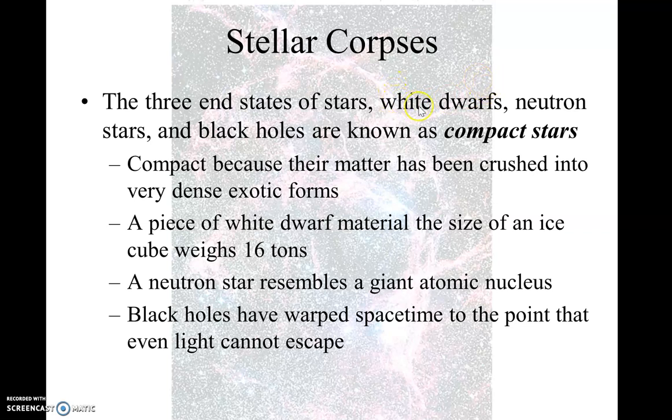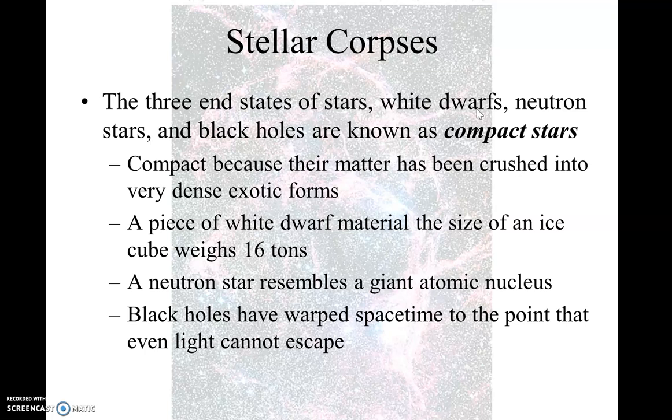By far and large, the vast majority of stars out there in the universe will end up as white dwarfs. More massive stars, generally when we talk about massive stars, they're at least about 10 times the mass of the sun.